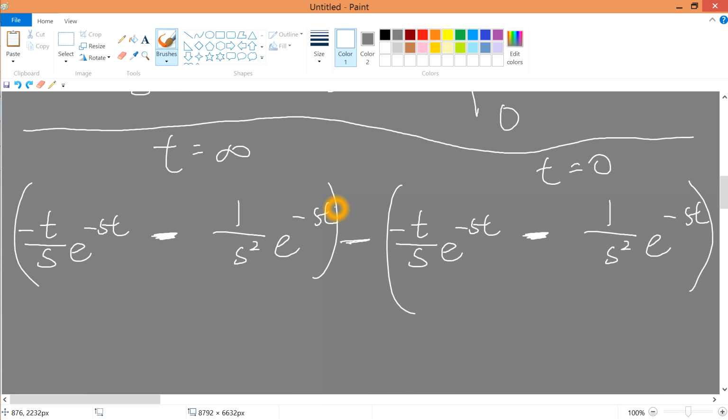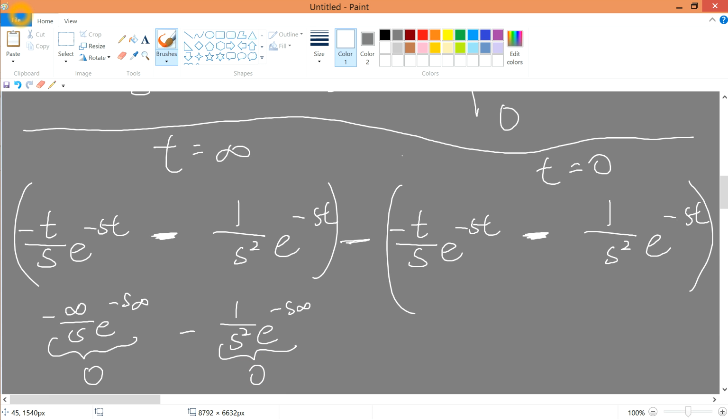That's the definite integral. And therefore, I'll have minus t over s e to the minus s times infinity. This whole thing will become 0. Sorry, minus 1 over s squared e to the minus s infinity. This whole thing will become 0 also.